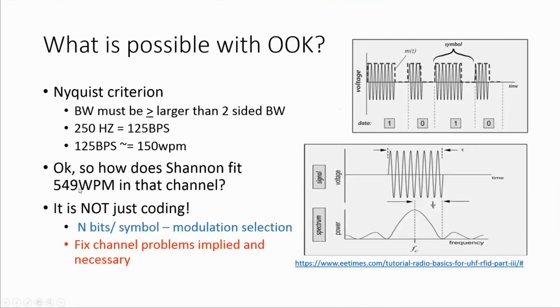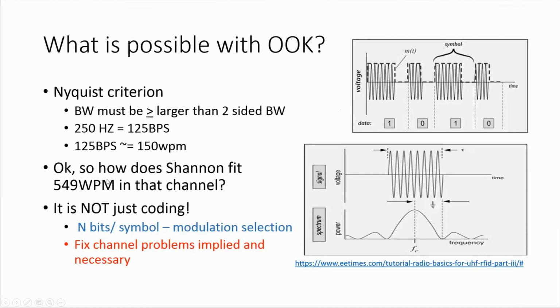It's 549 words per minute. So we have to do something else. Commonly people think, oh, we just use coding to get from here to here, but that's not actually the case. Although coding is crucially important, also using more degrees of freedom or putting more bits per symbol in your modulation scheme is really, really the key. Coding plus degrees of freedom gets you from 150 words per minute to 549 words per minute.